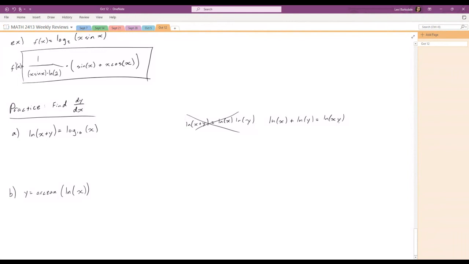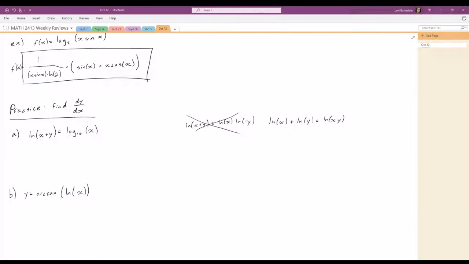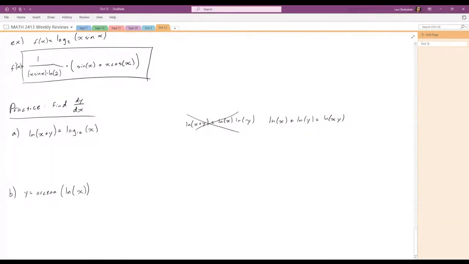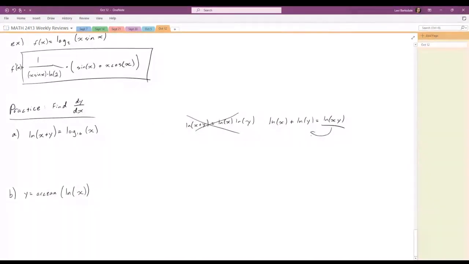Would I recommend doing this? Well, it doesn't apply in this case, so probably not. And in general, it's usually easier to take the derivative when there's addition rather than when there's multiplication. So one thing you might consider is switching if you had something like this going to this.